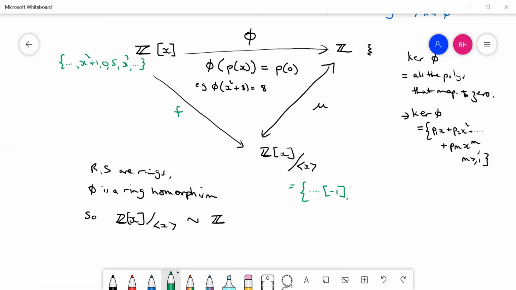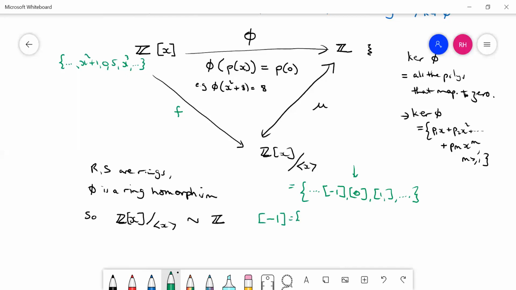It consists of the classes [-1], [0], [1], and so on. And here I've used these square brackets to indicate a coset class, and in it I've put a representative of that class. So what is [-1], for example?